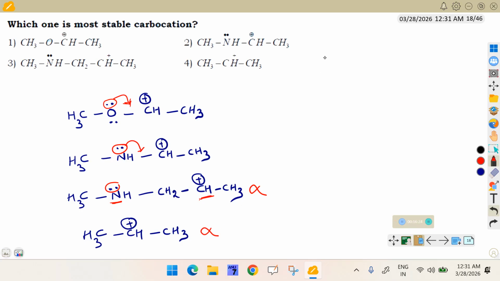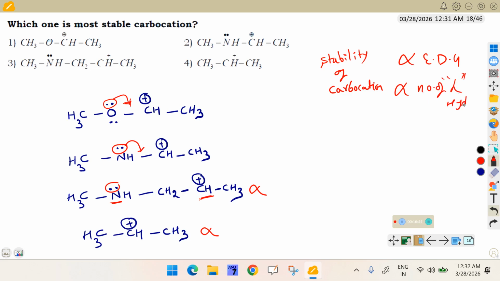We know that for the stability of carbocation, many factors are there. The stability of carbocation is directly proportional to electron donating groups, directly proportional to the number of alpha hydrogens, and even directly proportional to resonance also. So resonance predominates over the remaining factors.